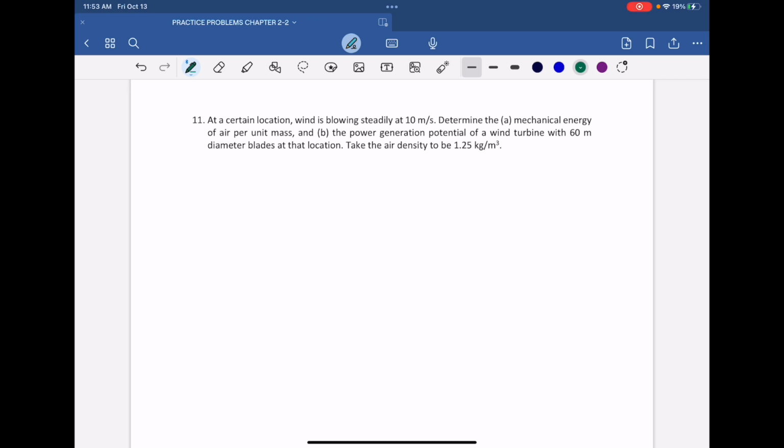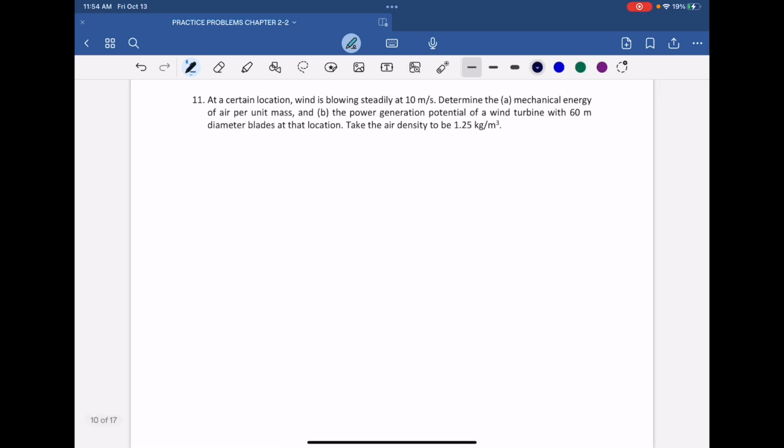So there is wind, air flowing, and it has a velocity. So therefore that kinetic energy of the wind basically determines its mechanical energy and its power. So let's calculate the mechanical energy per unit mass for that wind.